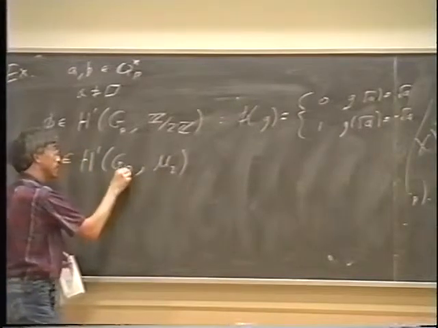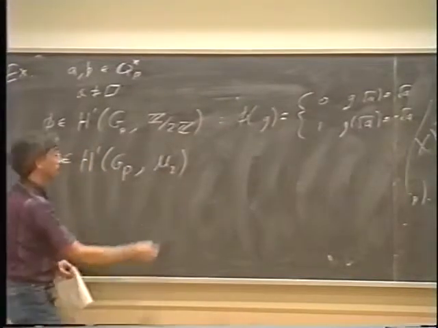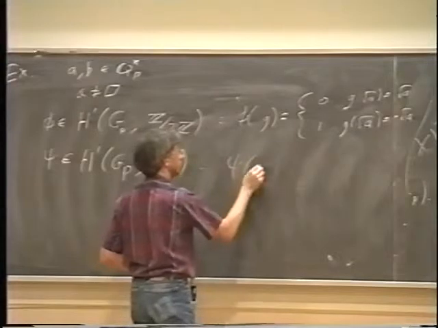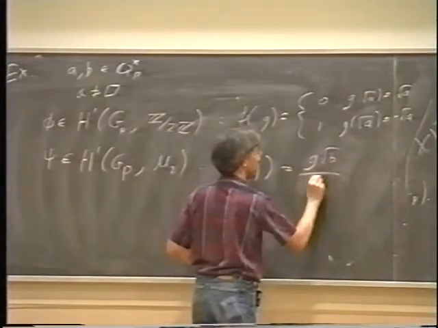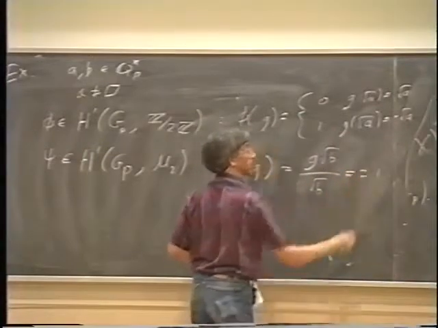So this is the second roots of unity, just plus or minus 1. And we'll make psi of g equal g of square root of B over square root of B. So that's just plus or minus 1, of course.